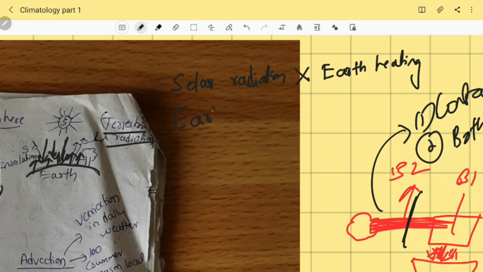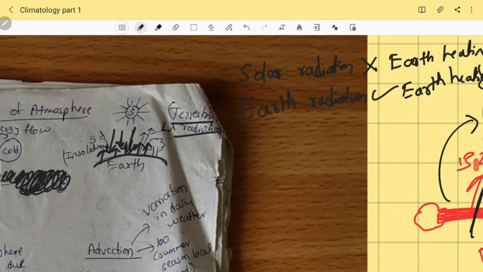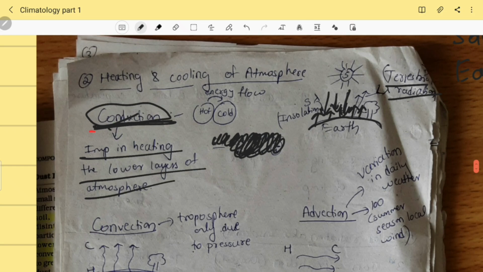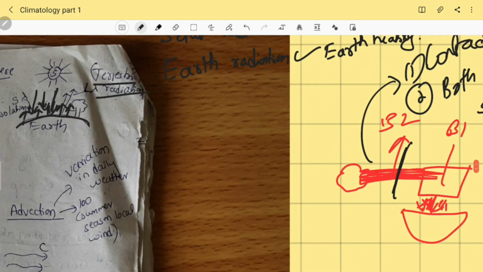We are able to experience the heat because of earth radiation, not solar radiation. In that process conduction plays an important role, because when the earth emits its radiation, the lower part will get heated. But the upper part will be a cold area, right? So how will this get heated? This is because of conduction.